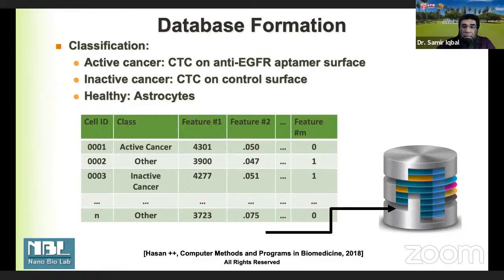So it's a really big data problem, but what we are doing is we are controlling the binding at the molecular level. We are looking at the behavior of cells based on their EGFR binding on a nanotextured surface and using that to identify one cell from the other.